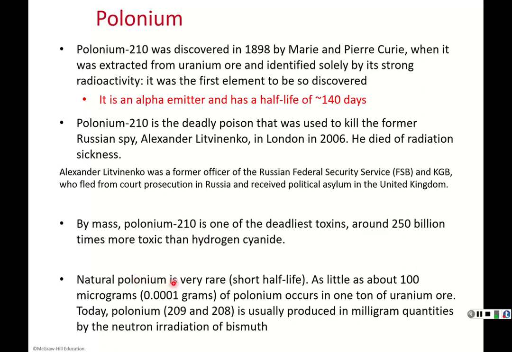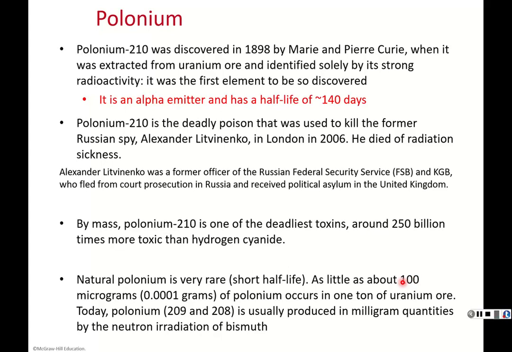Luckily, natural polonium is very rare, and that's because of that very short half-life. As little as about 100 micrograms of polonium occurs in 1 ton of uranium ore. So that is another crazy number, that you'd have to have 1 ton of ore just to get out 100 micrograms of polonium.